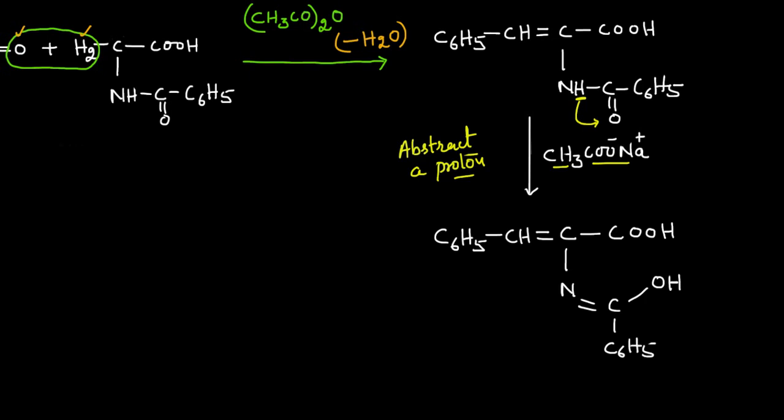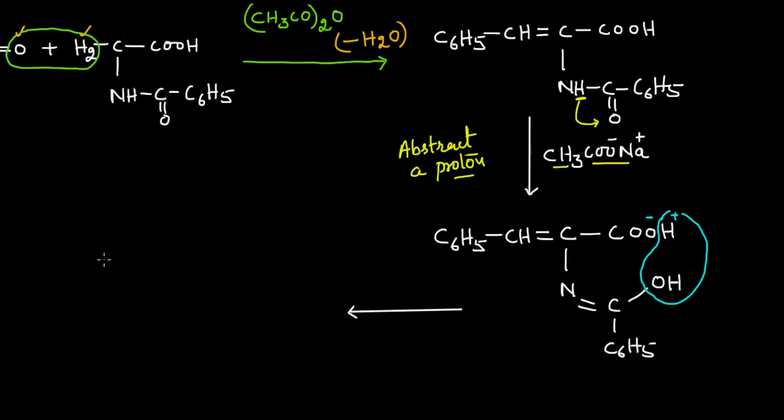Now there is a removal of a water molecule from here, so this will be negative and this will be positive, and this H and this OH are removed. When this leaves, we again get this type of structure.